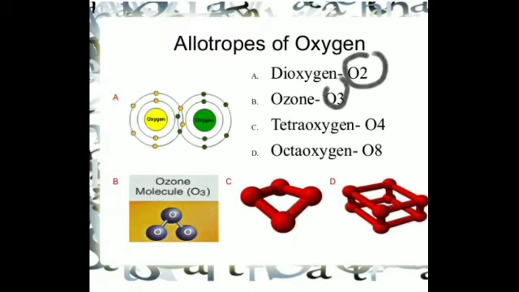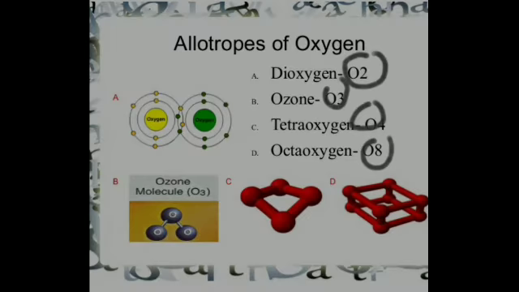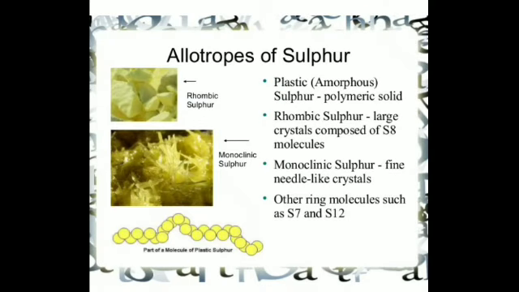Apart from them, we now have O4 and O8 also. Then for allotropes of sulfur, we have rhombic sulfur, monoclinic sulfur, plastic sulfur and colloidal sulfur. So these are different allotropes of sulfur.